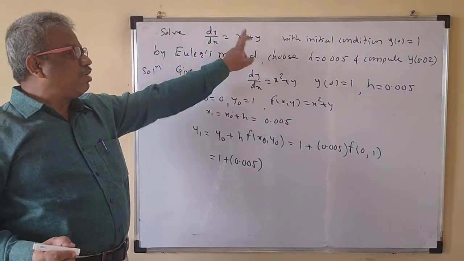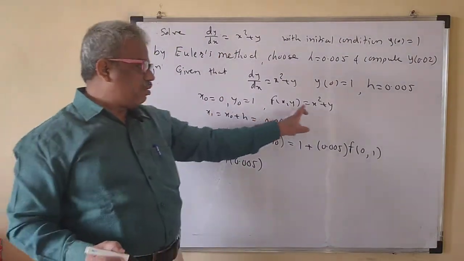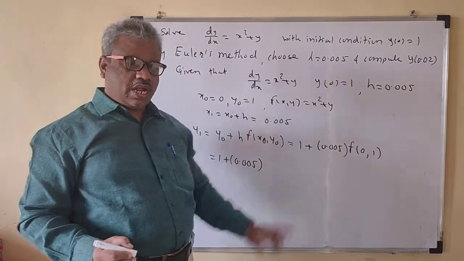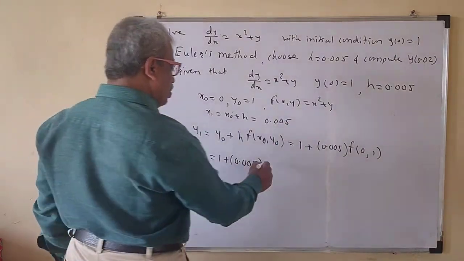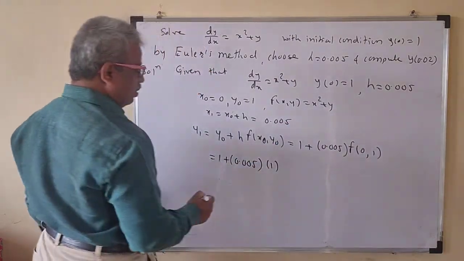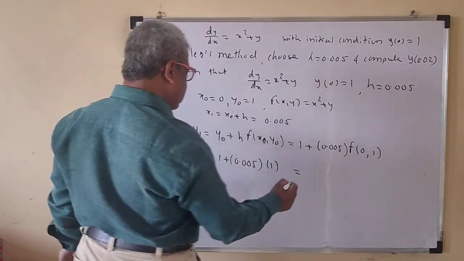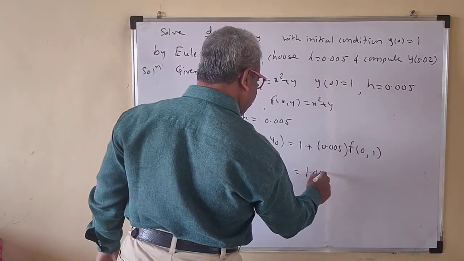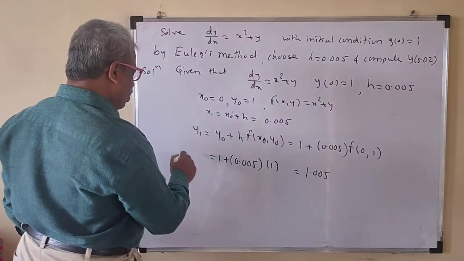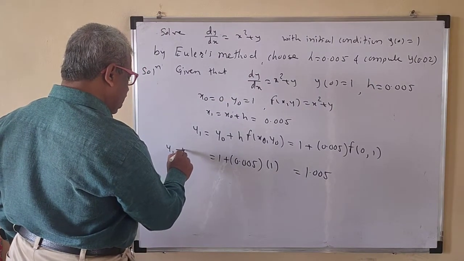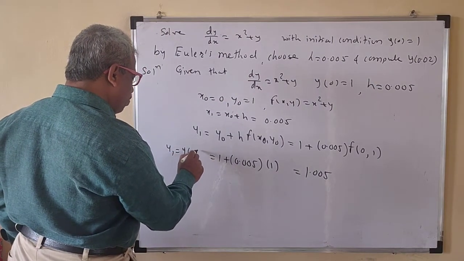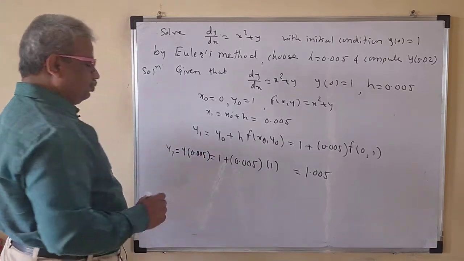Put x is equal to 0 and y is equal to 1, here we have taken the function. So this will be the 1. And the value of this one will be 1.005. So this will be y1, and this will be the y at 0.005.